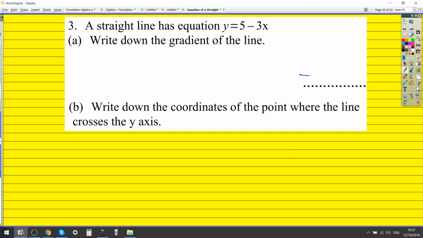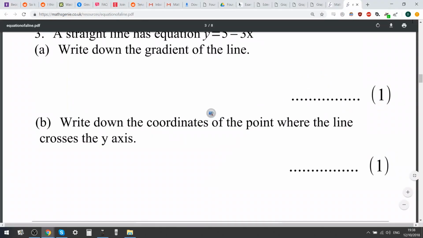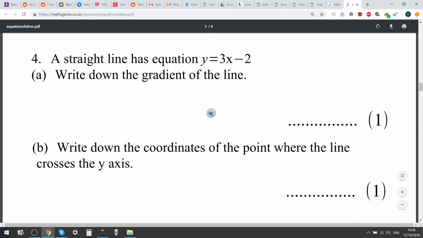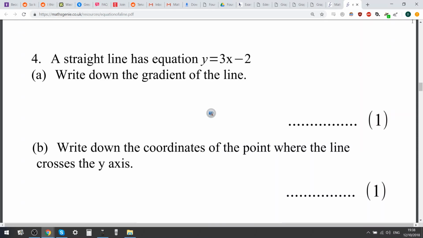Yep. Is that 5? So as a coordinate it's 0, 5. That's it. Okay. Okay, how about this one?